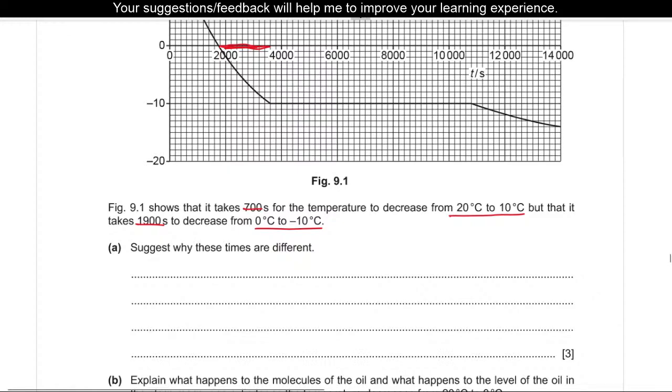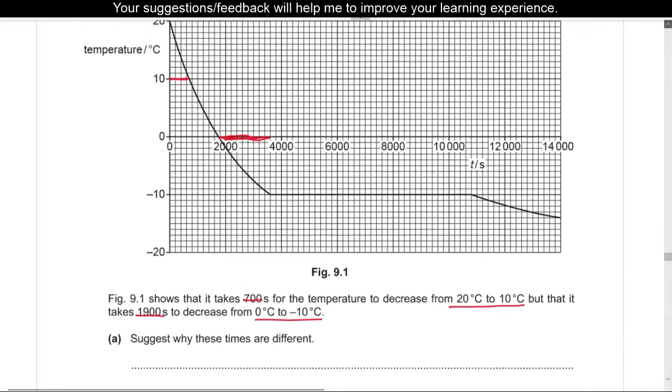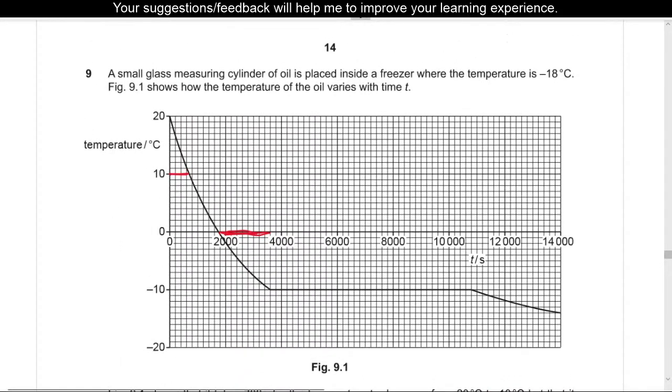अच्छा देखें जी, heat transfer depends upon temperature difference. जितना ज़्यादा temperature difference होगा उतना जल्दी heat transfer होगी, उसका rate of transfer उतना ज़्यादा होगा। So initially the temperature difference is greater. 20 degree centigrade is the temperature of oil and minus 18 degree centigrade is the temperature of the freezer compartment.